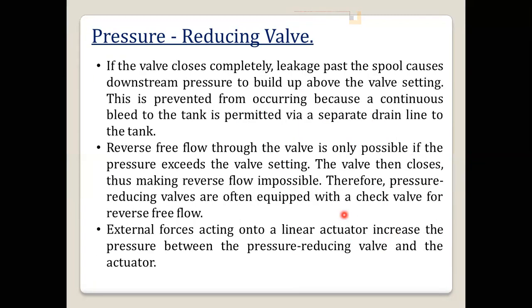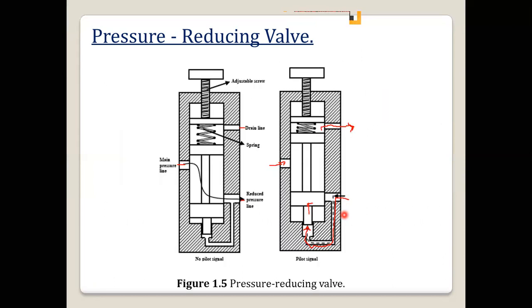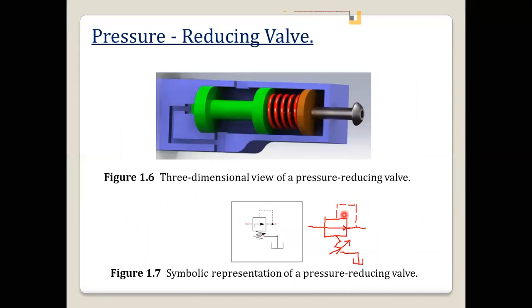What is the pressure reducing valve? Whenever the application requires a reduced pressure line, the operation will run very smoothly by using the pressure reducing valve. And whenever this valve setting pressure is reached, the pressure reducing valve will get closed. And the unloading valve is that type of valve where we can bypass the oil from the main line to the tank.